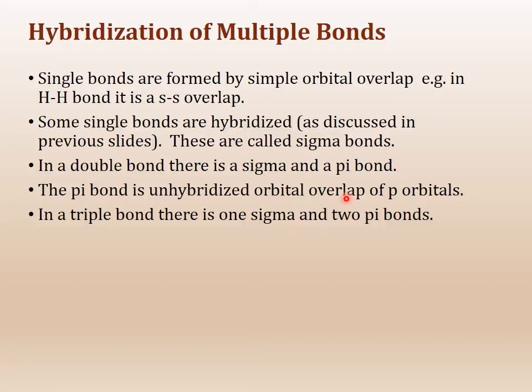The pi bond is coming from the unhybridized orbital, which is the overlap of p orbitals, okay, which have not hybridized. So it is a different kind of bond than a sigma bond. That's why we call it a pi bond. In a triple bond, one hybridized orbital, sigma, and then two pi bonds. Okay, so we'll see some examples now.